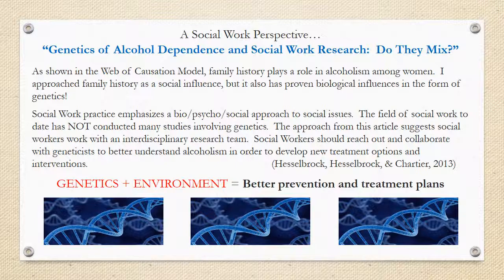The approach of this article suggests that social workers work in an interdisciplinary research team, and social workers should reach out and collaborate with geneticists to better understand alcoholism in order to develop new treatment options and interventions for their clients. So to sum this up, I've put genetics plus environment equals better prevention and treatment plans.